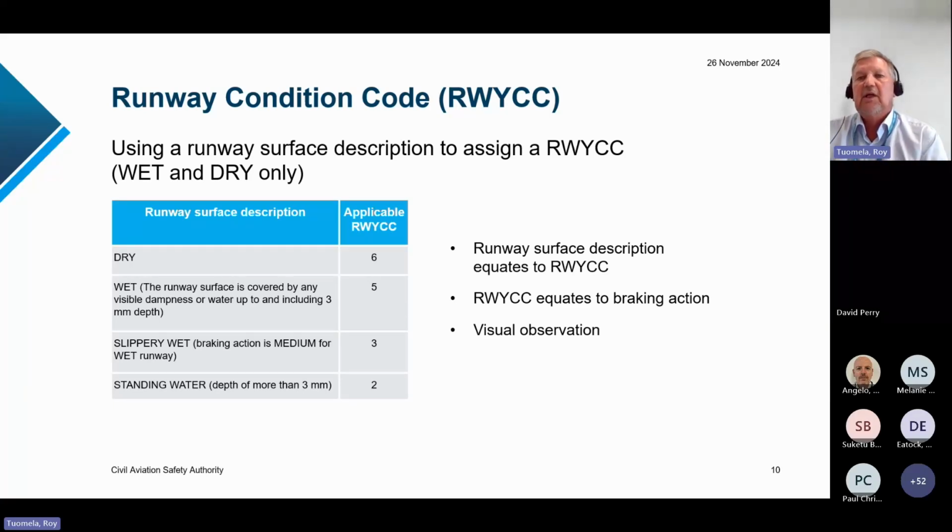If they're not scheduled and you haven't been given advance warning that an aircraft is coming in, we don't expect aerodrome operators to go out in the middle of the night just because it's raining. So if you don't know as an aerodrome operator that an aircraft is coming in, you don't need to do the inspection or the report.